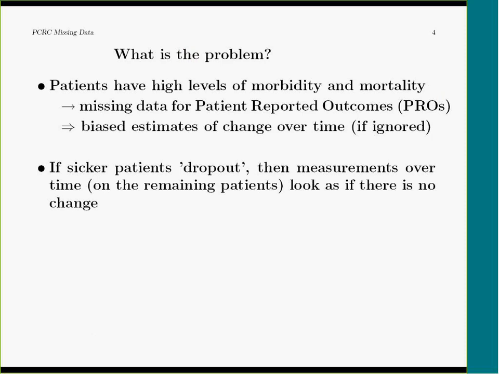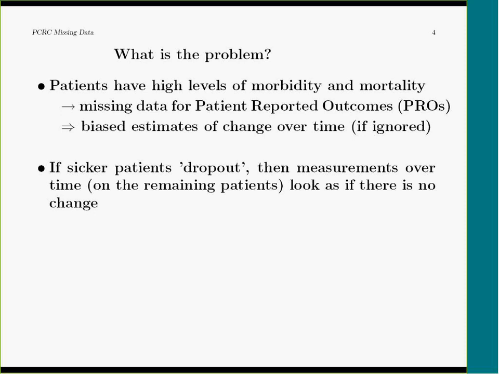So the problem is that the patients in palliative care or end of life have high levels of morbidity and mortality, and so we're going to have missing data for most of our important outcomes. If we totally ignore it, we will obtain biased estimates of change over time.